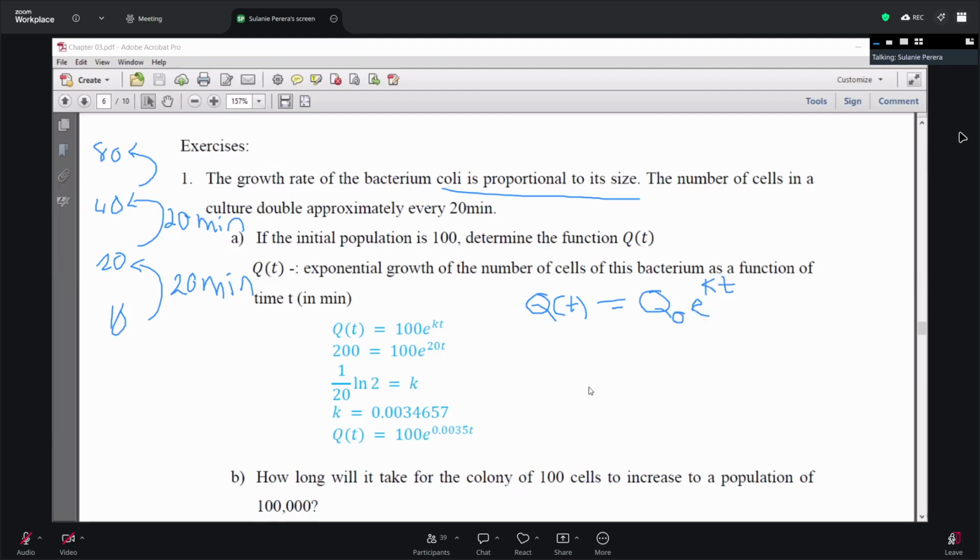Q naught is the initial population, and they say the initial population is 100. So instead of Q naught, we can write 100 e to the kt.